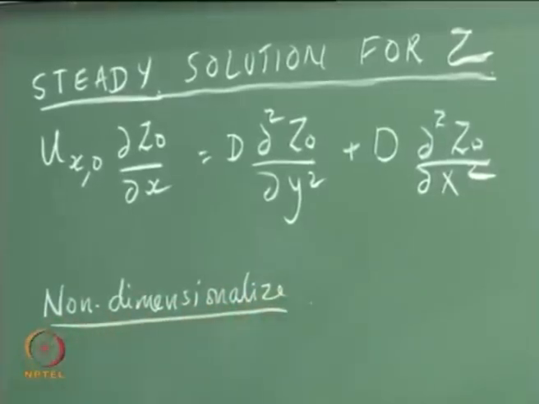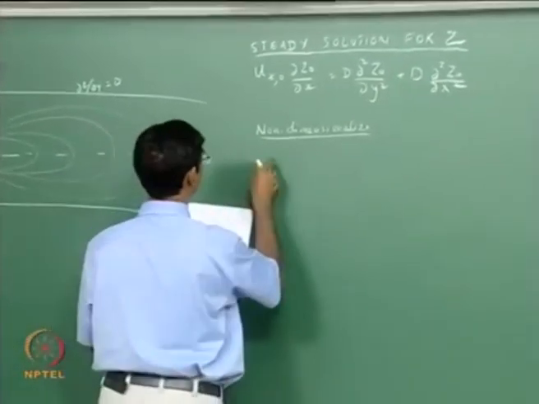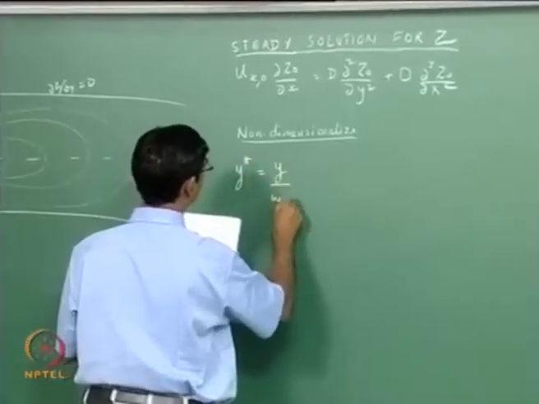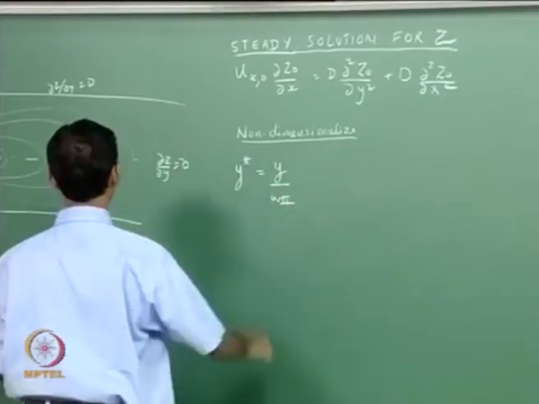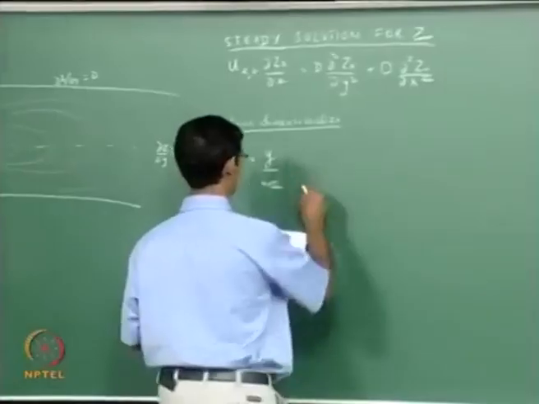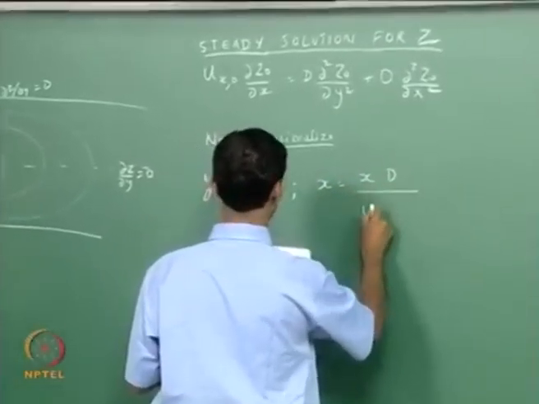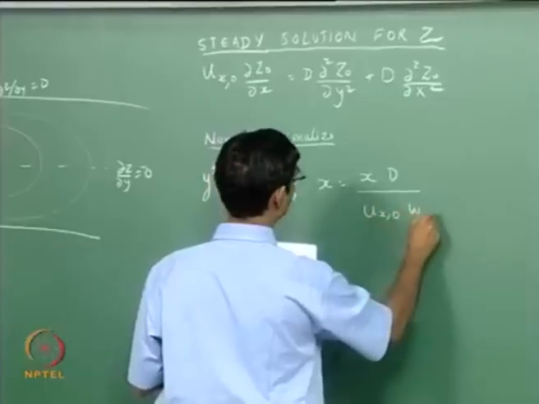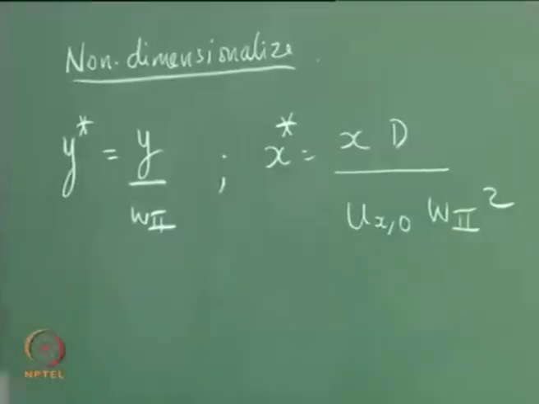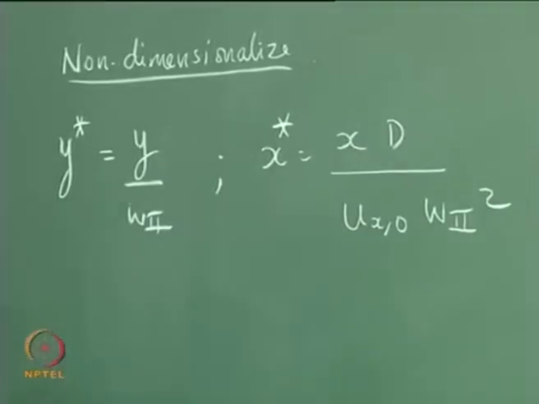So rather than copy the solution, please work out the problem along with me and let me know if there are any mistakes. We non-dimensionalize y with this slot width W2 and x with this.